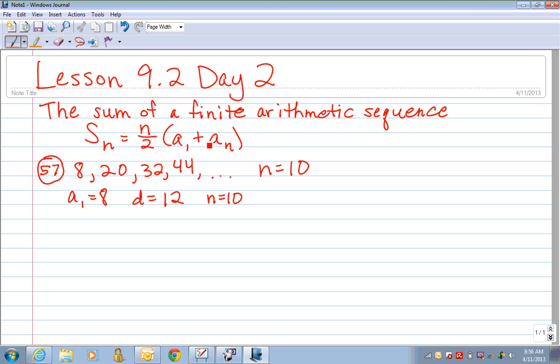So to plug in, first of all, what else will we need? We need the a sub n. So since n is 10, we need to find a sub 10. So to plug in for a sub 10, that would be a sub 1 plus 9 times 12, which gives us 116.